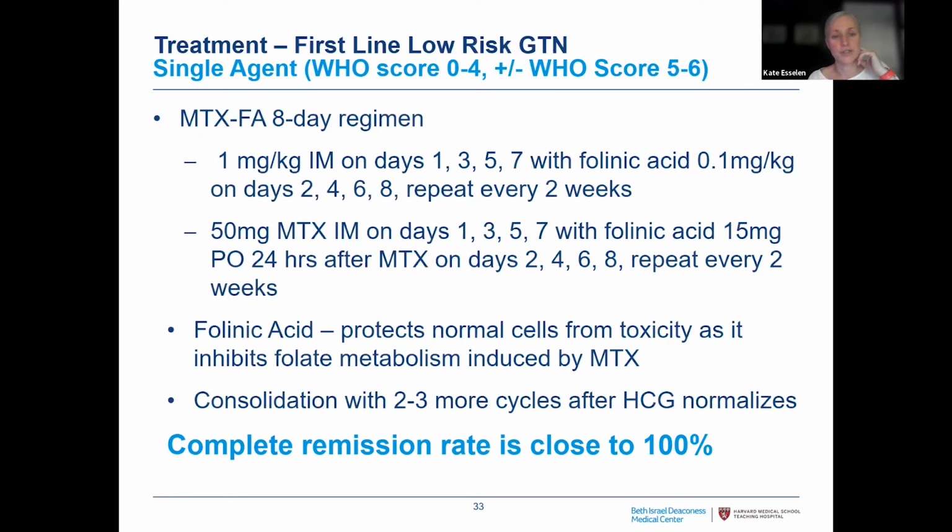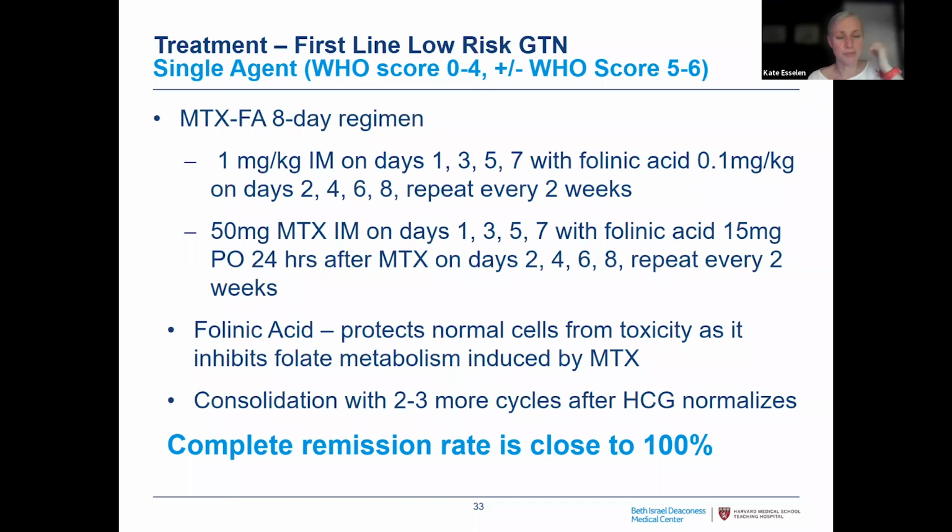On days 2, 4, 6, and 8, you take folinic acid or leucovorin rescue pills to mitigate the effects of methotrexate on all your normal cells. And that's repeated every 2 weeks. We'll talk about how you decide how many cycles and how long.